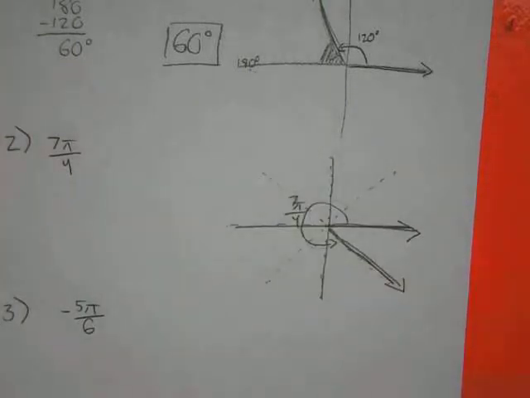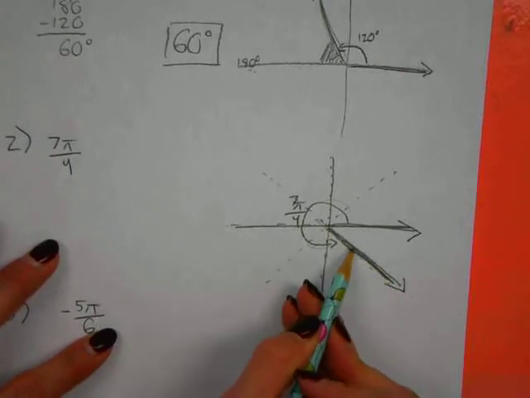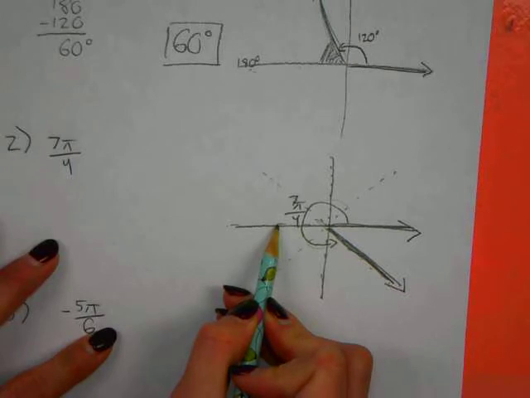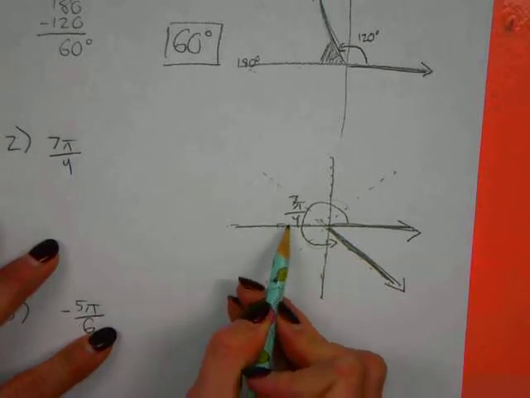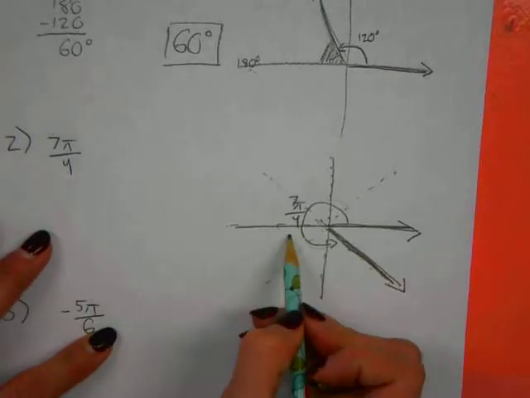Alright, now I want, again, the reference angle. The reference angle, I'll repeat again, is the acute angle formed by my terminal side and the x-axis. This time, from my terminal side to this x-axis over here is going to be an obtuse angle. So I don't want this side of the x-axis like I wanted in the previous example.